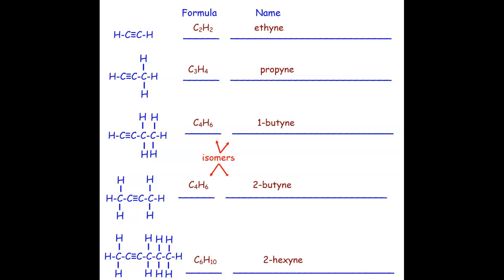Just like alkenes, we indicate the position of the triple bond with a number before the name. And just like alkenes, these 2 alkynes are isomers. 6 carbon atoms with a triple bond between the second and third carbon is 2-hexyne.